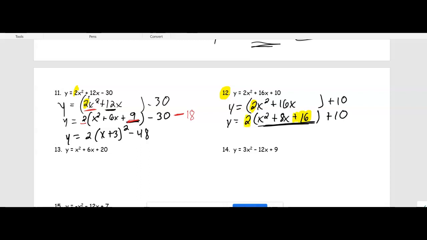We have 2 16s that we would have had if we were to draw out all of those squares. So what that really is is 32. That then is how we can adjust by subtracting 32 from the backside. So we now get 2 of these x plus 4s multiplied by each other, and then minus a 22.